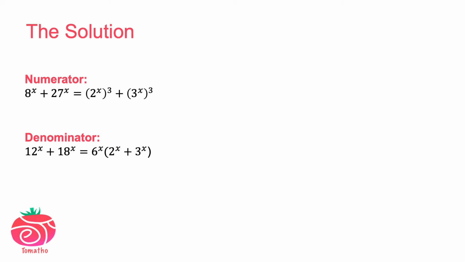But how does this help? Well, as you can see here, the numerator and denominator both have a relation with 2 to the power of x plus 3 to the power of x. Clearly, the denominator has 2 to the power of x plus 3 to the power of x as its factor. What about the numerator?